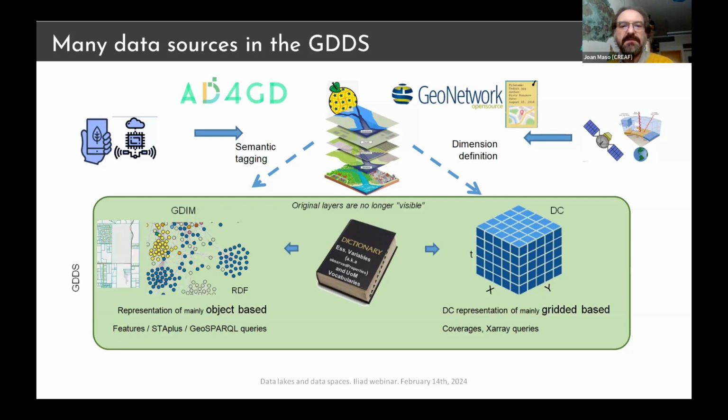So this idea of having vocabularies for essential variables and units of measure is really critical in here. And there is some kind of a need, in this big data world, of being able to extract subsets of data, we can call it collection if you want, using different technologies like SPARQL or xarray queries.